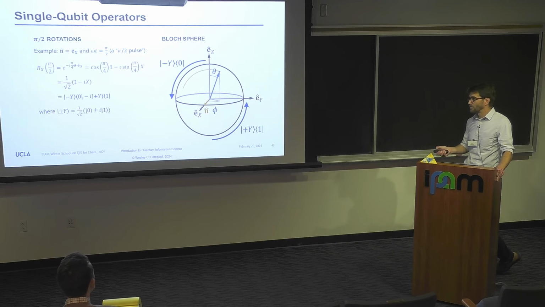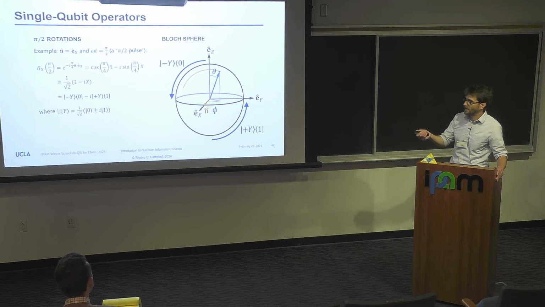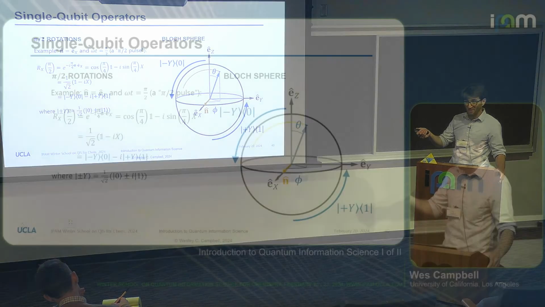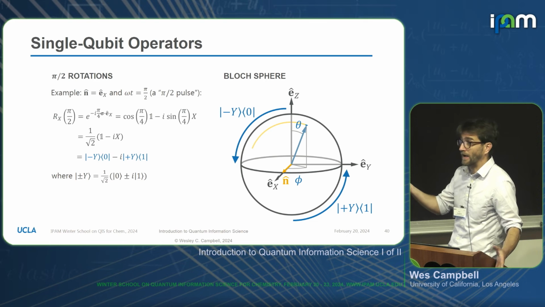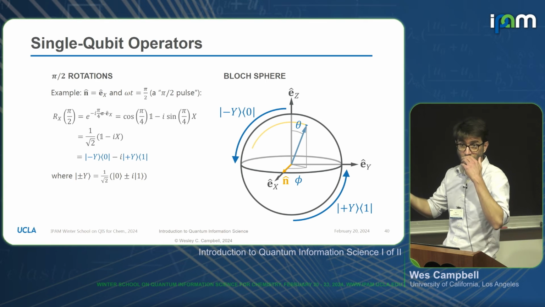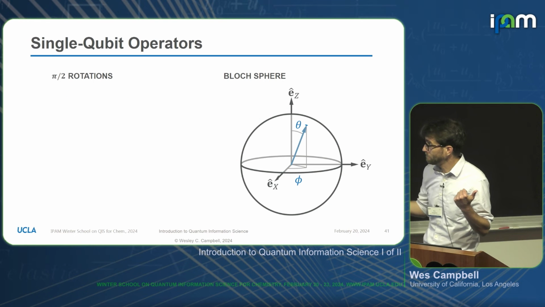When we're doing pi over 2 rotations in our quantum circuit diagrams, we'll sometimes write it with this sort of notation, Rx of pi over 2. If we're doing rotations by pi, we will almost always just write it as X or Y or Z, whatever the axis is, unless it's about some weirdo axis.